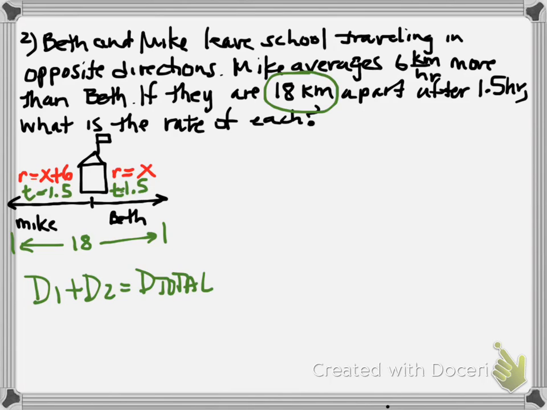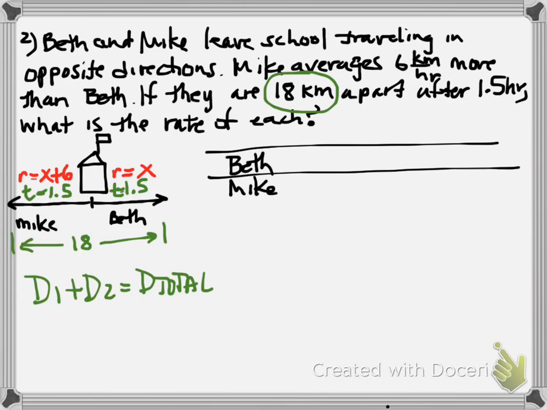So we'll put our chart together, and we have Beth and Mike. We have rate, we have time, we have distance. So for the rate, we said Beth was going to be X and Mike was going to be more than that.